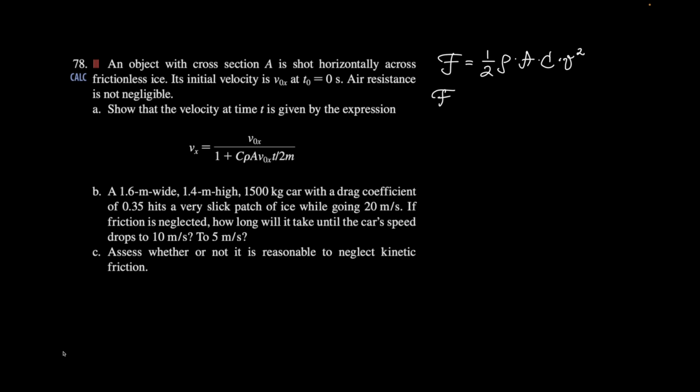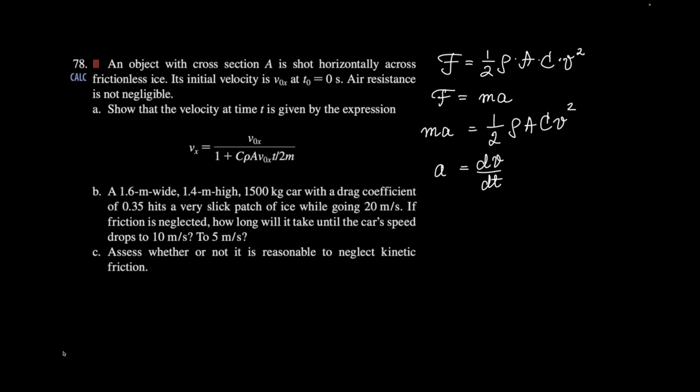That drag equals mass times acceleration. And remember, it's decelerating. When I write this, I should say mass times acceleration is going to be 1/2 rho A C V squared. Acceleration is dv/dt, so from there I can cross multiply.